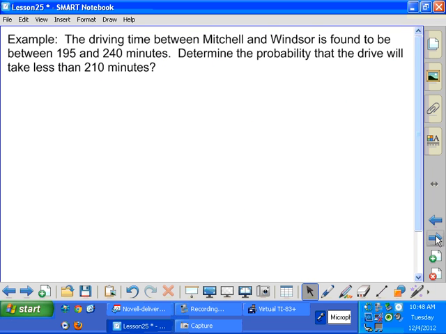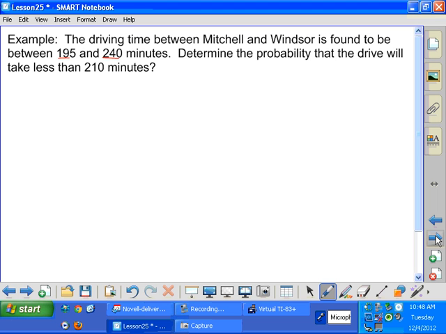Last example, looking at driving time between Mitchell and Windsor, found to be between 195 and 240 minutes. So determine the probability that the drive will take less than 210. This is a uniform distribution, because the range is 195 to 240.